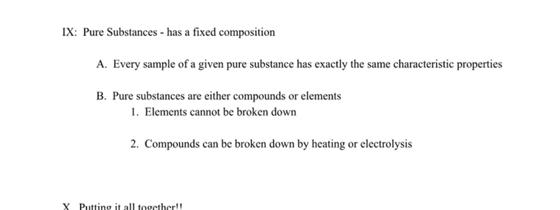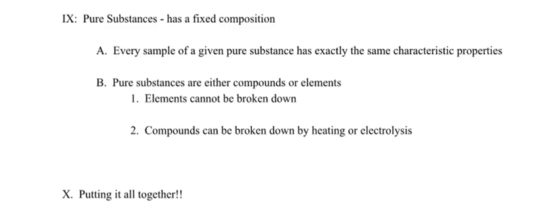Compounds can be broken down. You can heat them or use electrolysis, and that is actually how with sodium chloride, they used electrolysis, and sodium metal came out on one end, and chlorine gas came out on the other end, and that is actually how sodium was discovered by Sir Humphry Davy, by using electrolysis.